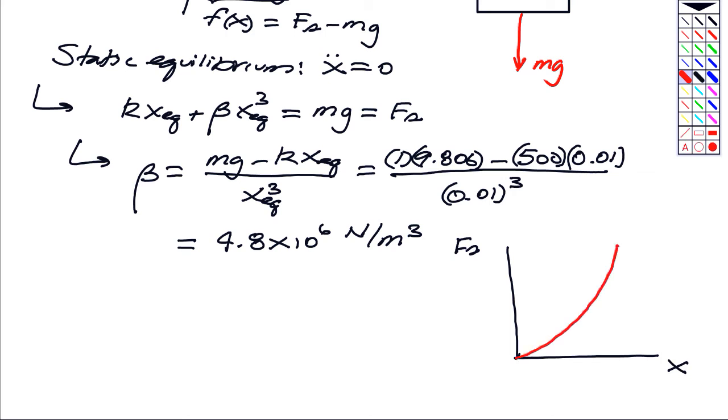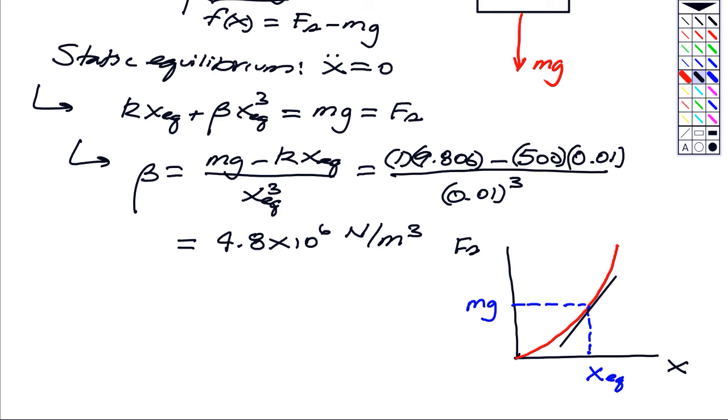What we also know is that when the weight is balanced out by the spring force, so when Fs is equal to mg, that's the equilibrium state. Our goal here is to determine the slope of this line, because that's going to be the effective stiffness of that spring at that equilibrium state.